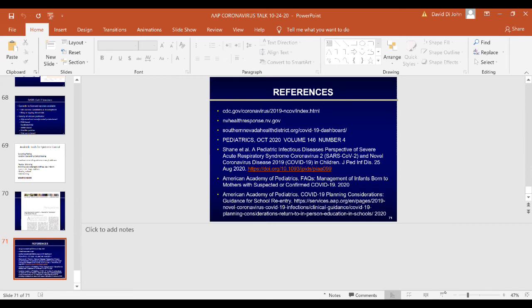Certainly in the hospital setting, we're now all wearing eye protection when we see patients. They've been warned for a long time when doing any procedures that can create aerosols. So while they may not be as important, I think they are important, particularly in certain settings, especially when you're dealing with patients that are infected.